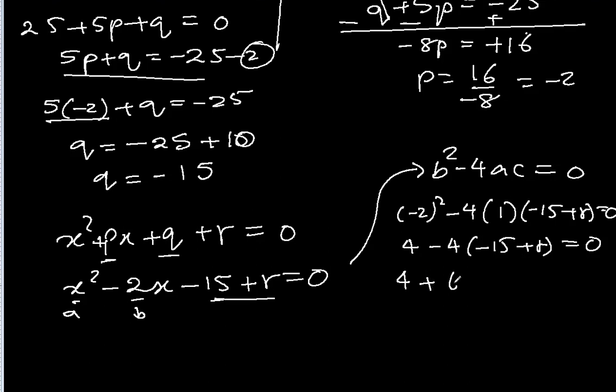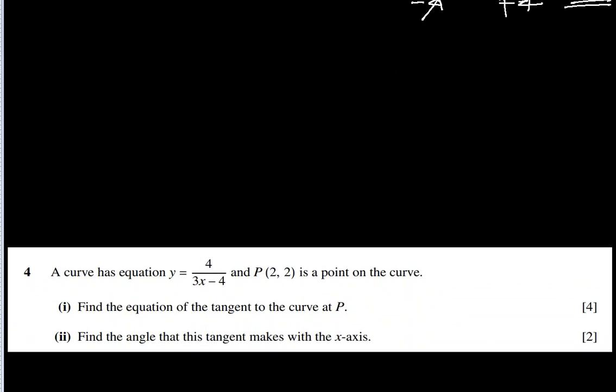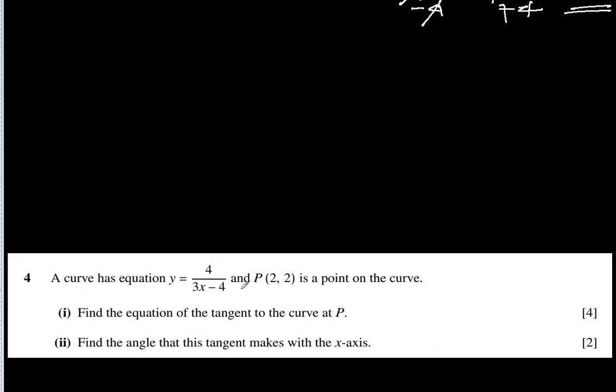It becomes 4 plus 60 minus 4r equal to 0. 64 minus 4r equal to 0, minus 4r equal to minus 64. Divide both sides by minus 4. It cancels here and we get positive 64 divided by 4, 16. r is 16.